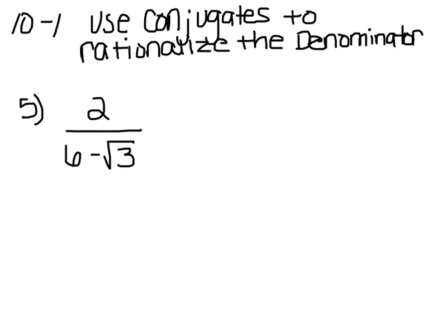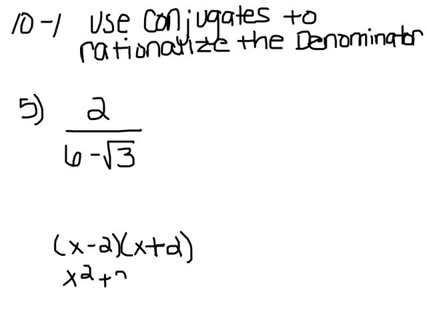Remember that when we did multiplying binomials, if we were given something like x minus 2 times x plus 2, the product of this would be x squared plus 2x minus 2x minus 4. And our middle terms would cross off.